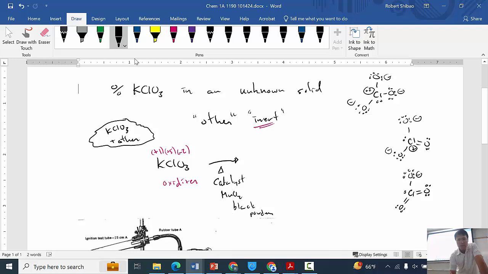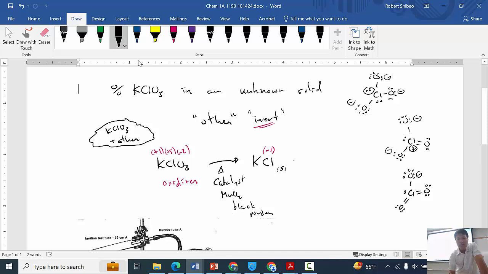The reaction is that the chlorine is going to take 6 electrons, and we're going to form solid potassium chloride, where the chlorine goes from +5 to -1. Where did those 6 electrons come from? Those 6 electrons are going to come from the 3 oxygens.